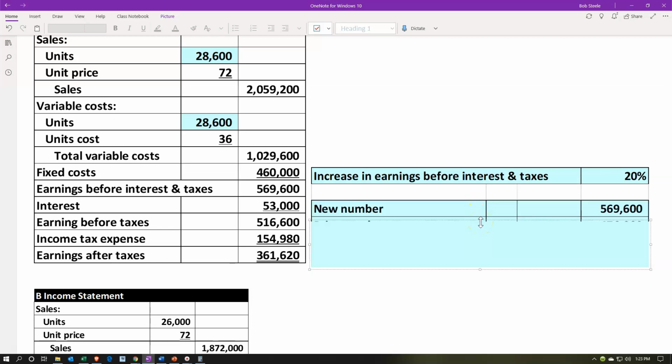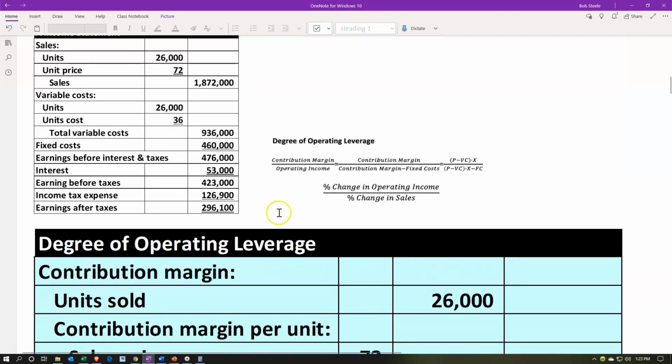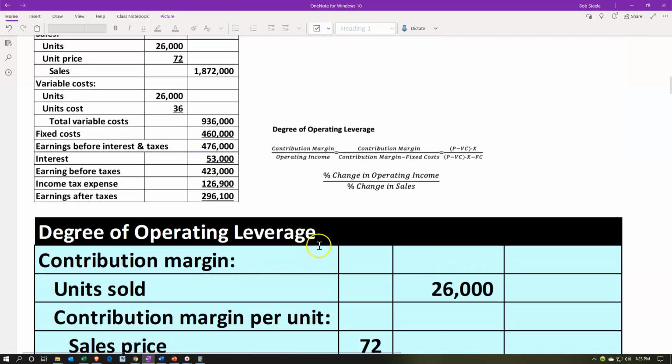So also, if we check out this increase now, what's the percentage increase? The normal calculation for the percentage increase would say, here's the new operating income we got now, and here's the prior operating income, up top here, 476,000.